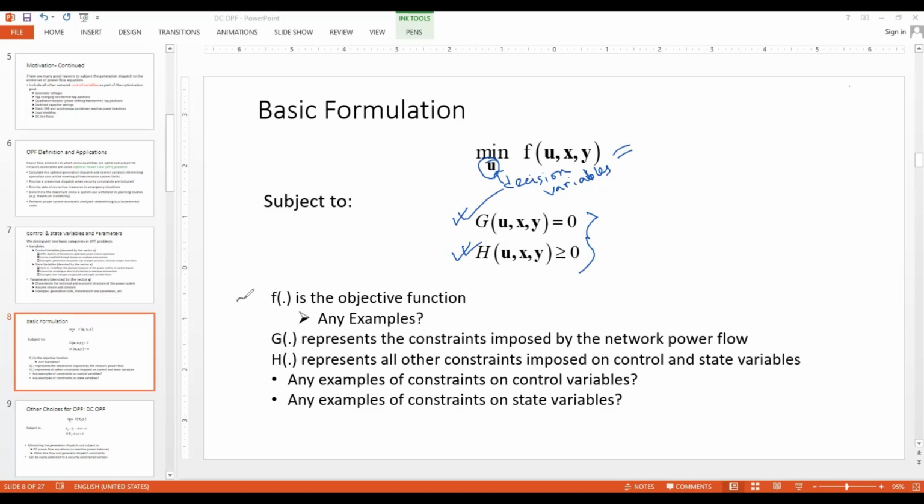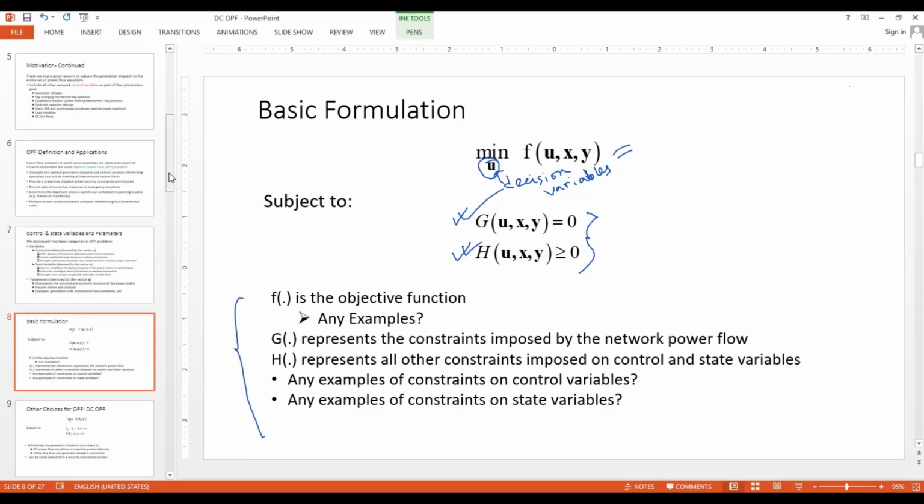So I don't think this part has to be covered. Just please go through these last few lines and think about some examples of constraints on control variables, an example of constraints on state variables, as well as some example of the equality constraint and the example of inequality constraint, as well as the example of the objective function.